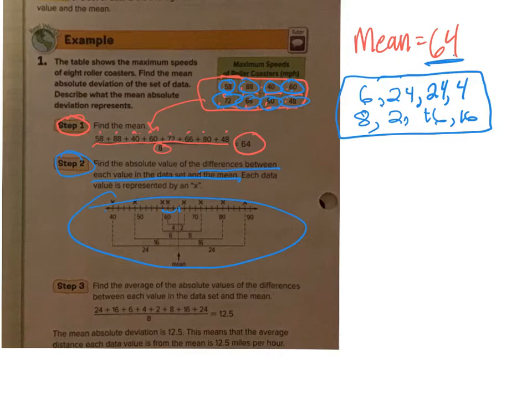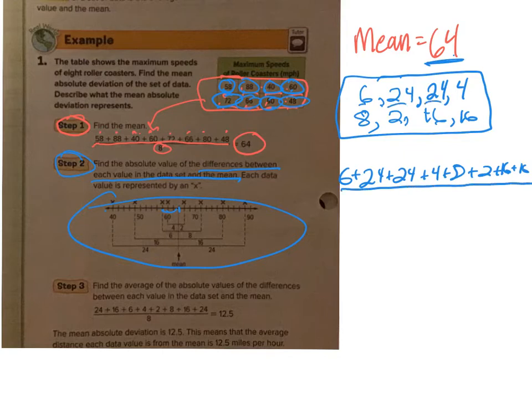Okay. Now what you do is you find the average of these numbers. So the way you find the average is you add them all up. 6 plus 24 plus 24 plus 4 plus 8 plus 2 plus 16 plus 16. And then I have to divide that. If I want the average, I divide that by 1, 2, 3, 4, 5, 6, 7, 8. And that will give me my average.